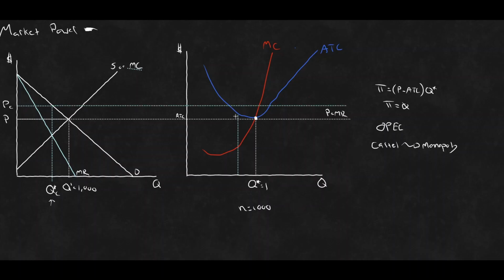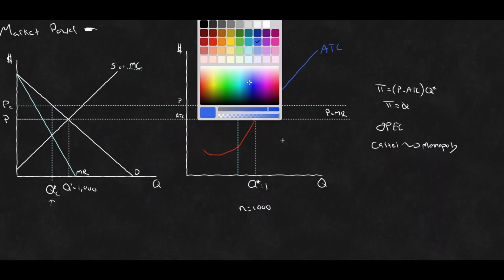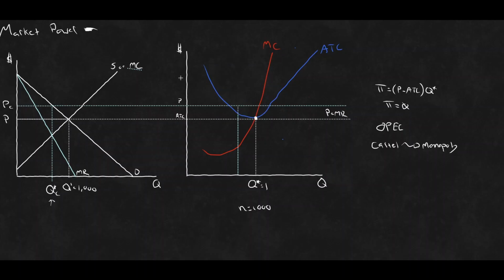So what's the result of that? Well, we restrict our quantities just a little bit, and we end up such that we get now, from the firm's perspective, this new price. And then what's our cost? Well, cost is off of this new Q star.